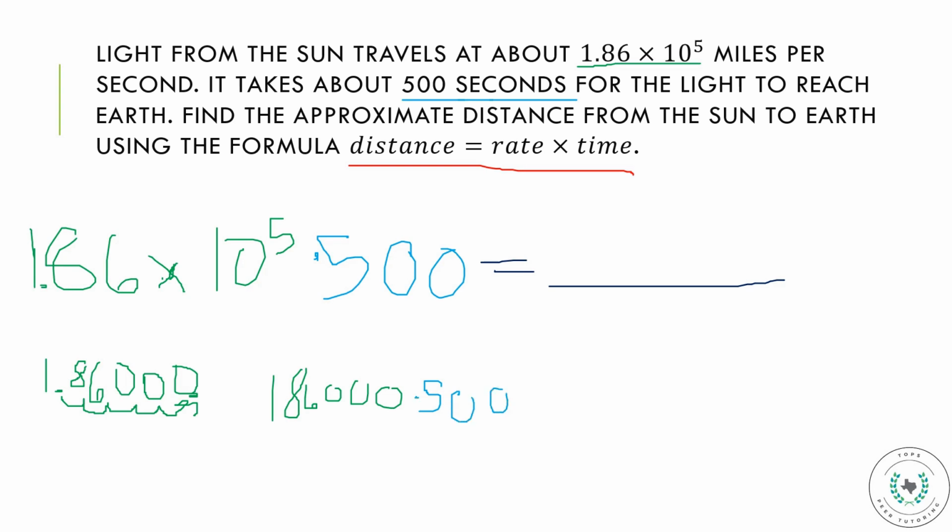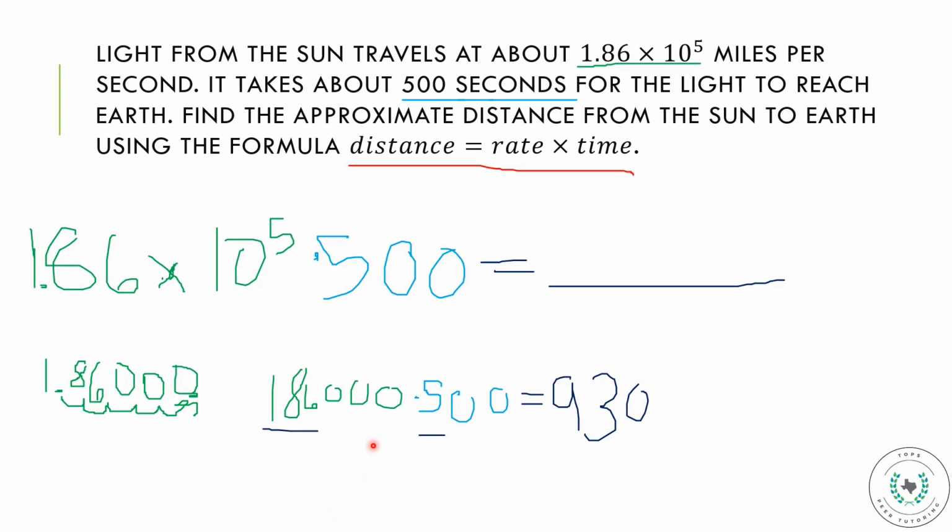The way that I'm going to do this is first, I'm going to do the 5, and then at the very end, I'm just going to add those 2 extra zeros. So if you multiply 186 by 5, you're going to get 930.